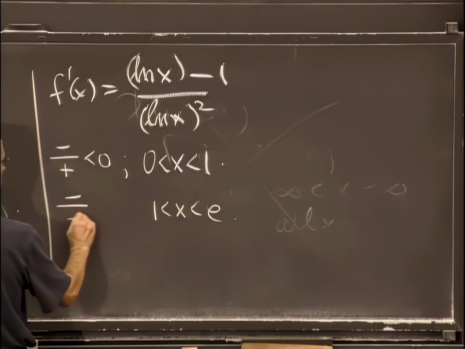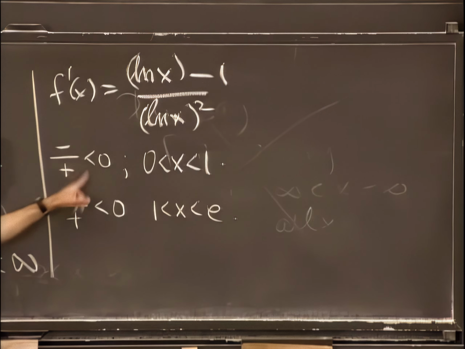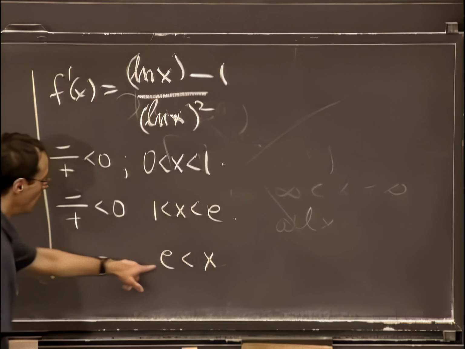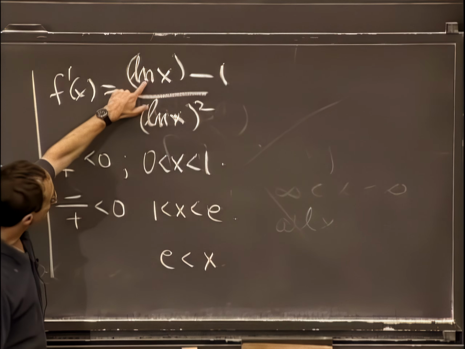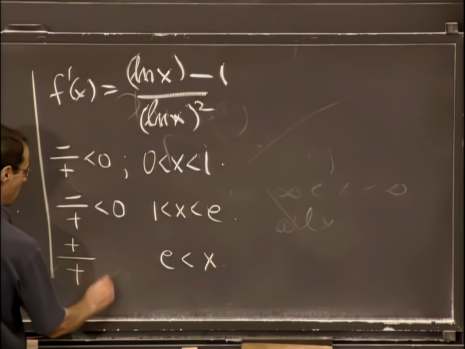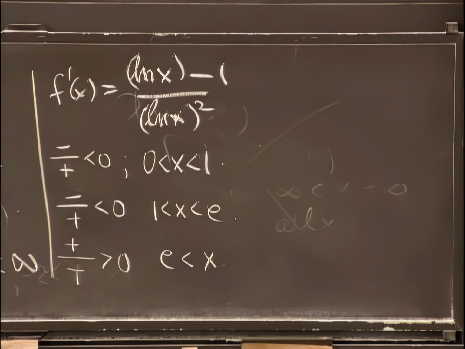It's negative divided by positive. And the only reason why we skipped 1 again is that it's undefined there. There's something dramatic happening there. And then at the last range, when x is bigger than e, that means the logarithm is already bigger than 1, so the numerator is now positive, and the denominator is still positive, so it's increasing. So we've just double-checked something that we already knew.